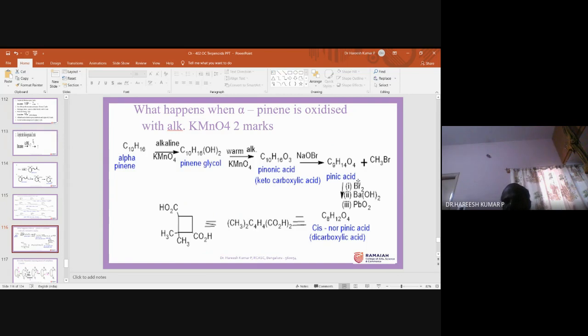And that is treated with lead oxide, which is an oxidizing agent. So what is the product obtained? The obtained product has the molecular formula C8H12O4, and the name of this compound is cis-norpinic acid.